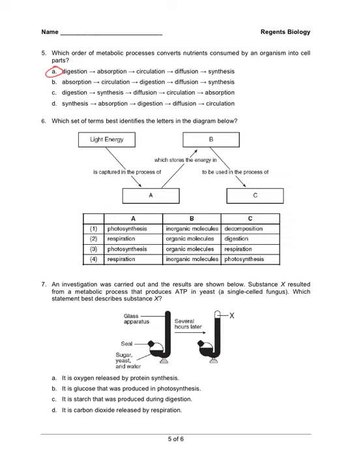Number 6 says, which set of terms best identifies the letters in the diagram below? So first let's look at the diagram. The diagram starts with light energy and is captured in a process that's labeled letter A. Letter A stores energy in something called letter B, which is used in the process of letter C. So letter A, the process, is photosynthesis, and then it stores energy in letter B, which is organic molecules such as glucose, and those organic molecules are used in process C, which is cellular respiration.